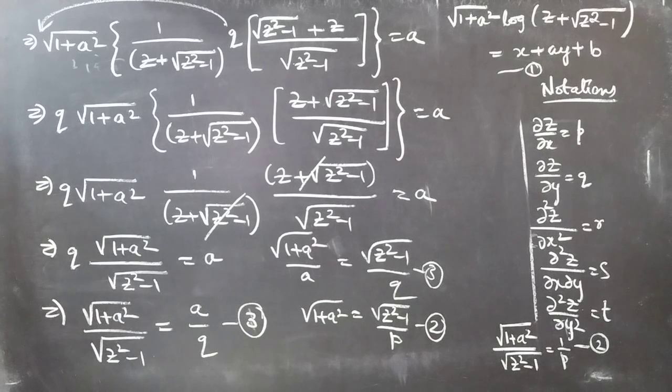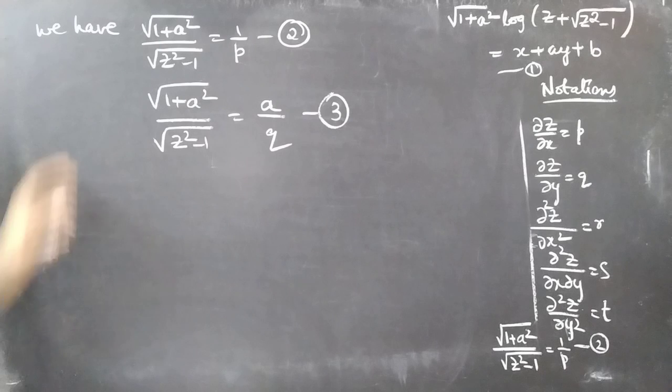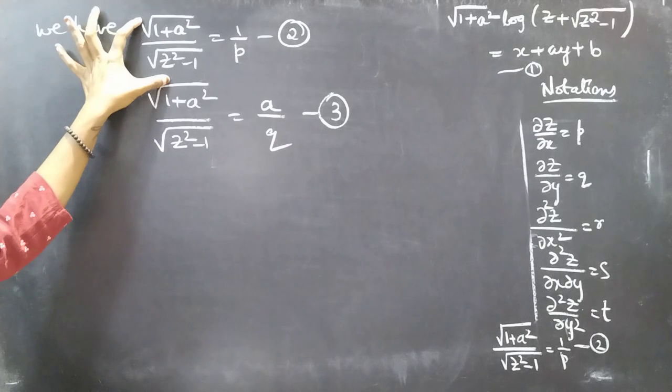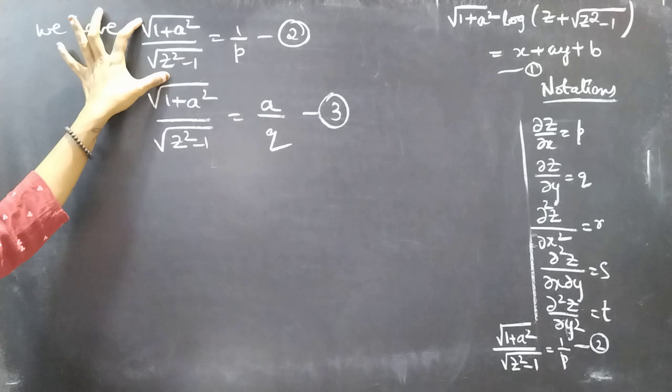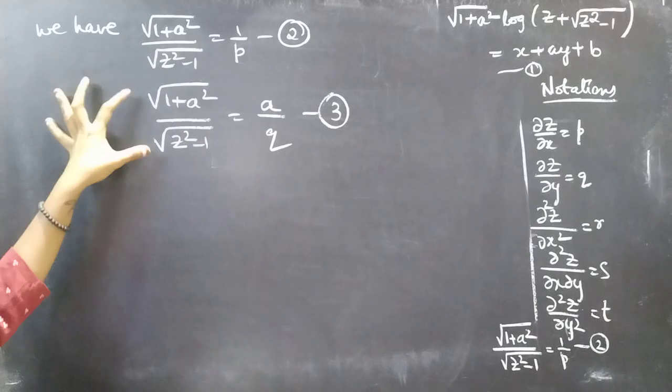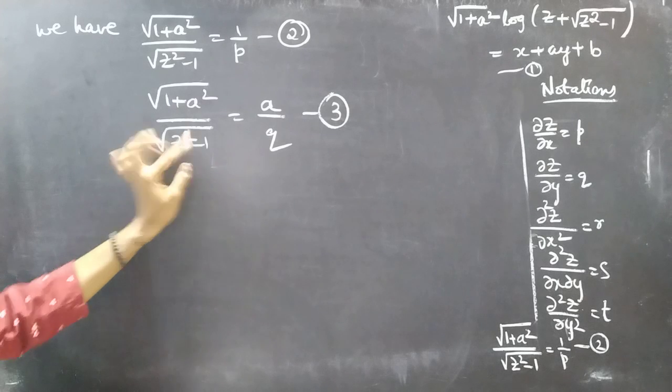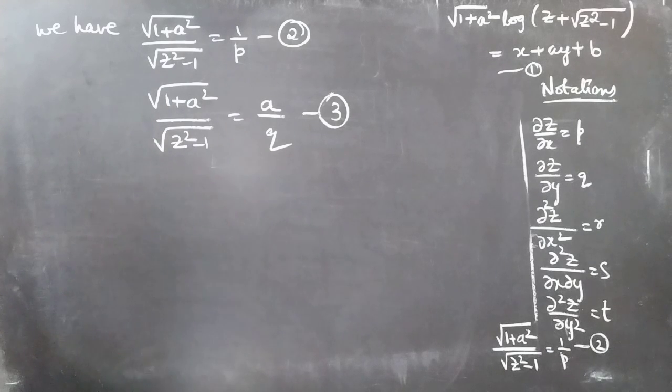So what we'll do is we'll observe 2 and 3. See, we have equation 2 and equation 3. In equation 2 you have square root of 1 plus a square by square root of z square minus 1 equal to 1 by p, and in equation 3 you have square root of 1 plus a square by square root of z square minus 1 equal to a by q, right?